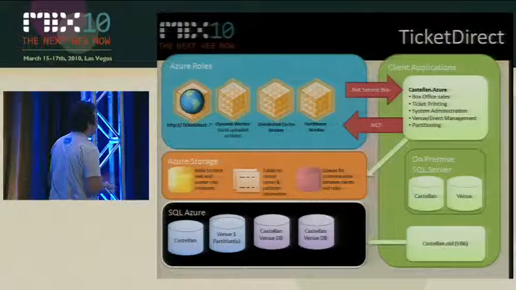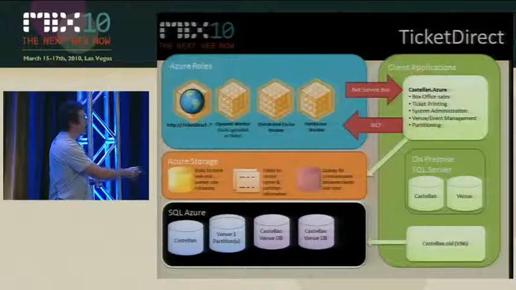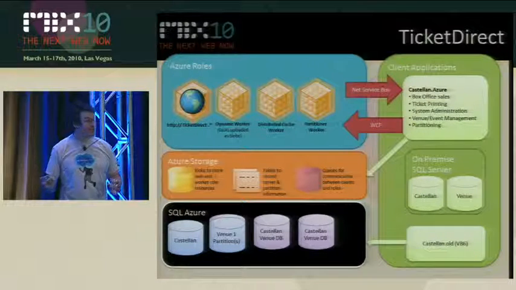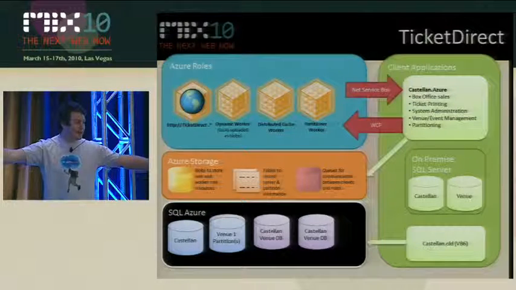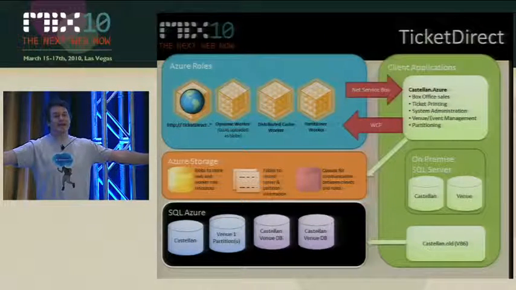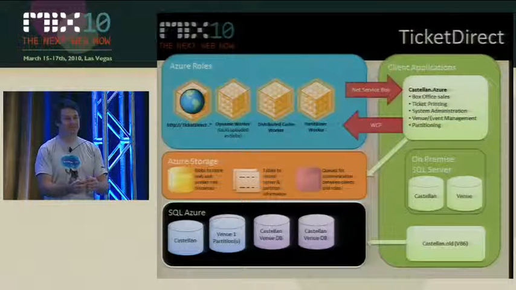In order to achieve performance, we take a particular event, and on the morning of the game going on sale, we chop that event up into 50 databases. We run 50 databases for a day to sell our event, and then we consolidate it back down again.